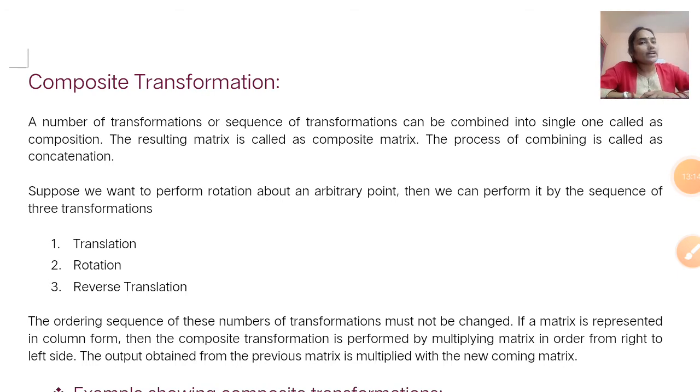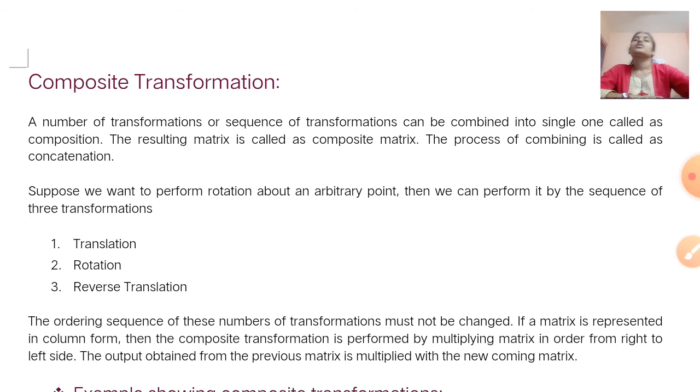A number of transformations or a sequence of transformations can be combined into a single one, called composition. That means if we combine a number of transformations into a single entity, this is called composition. The resulting matrix is called the composite matrix. The process of combining is called concatenation.